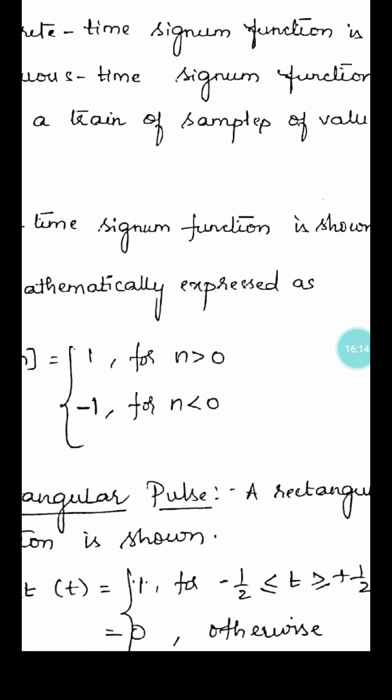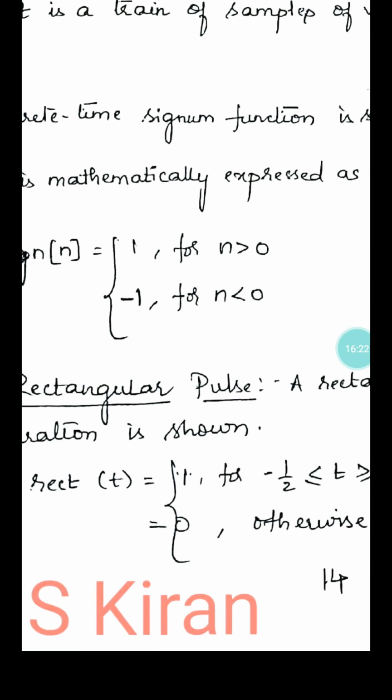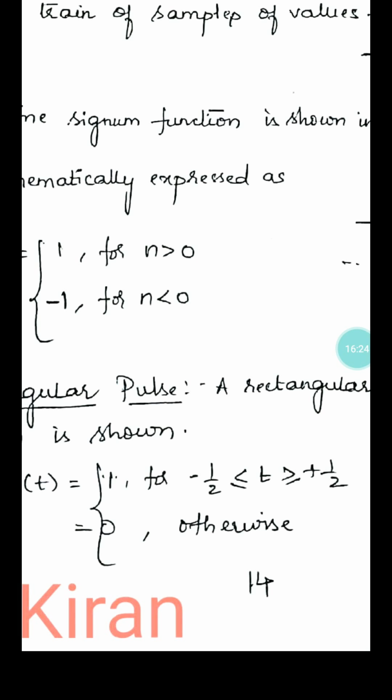Rect of t equals 1 for minus 1/2 less than or equal to t less than or equal to plus 1/2.